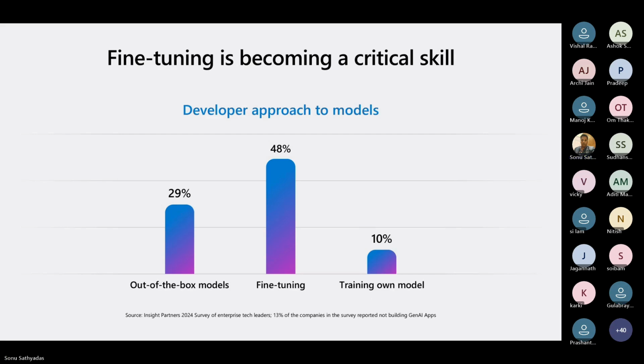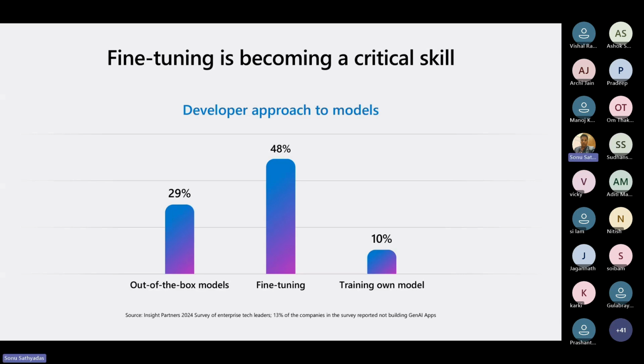So now developers have multiple options for using these generative AI models. Either they can use the out of the box models, which are pre-built models provided by the vendors. Around 29% of developers use this.